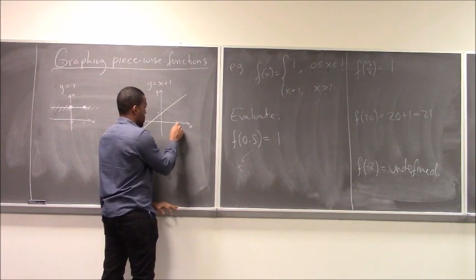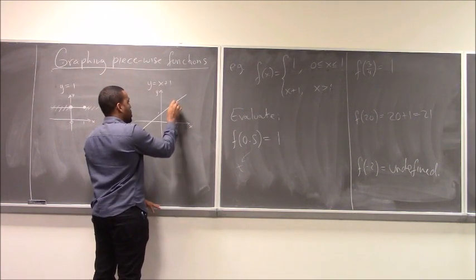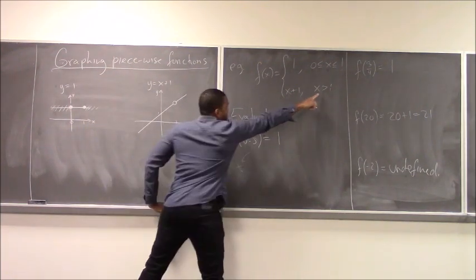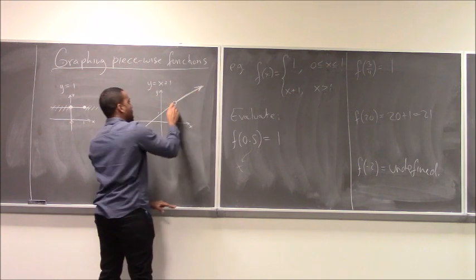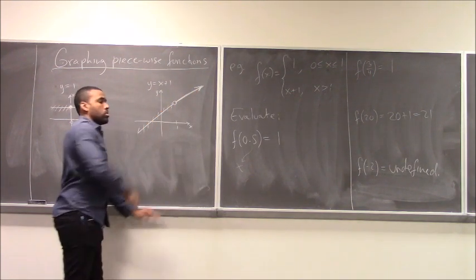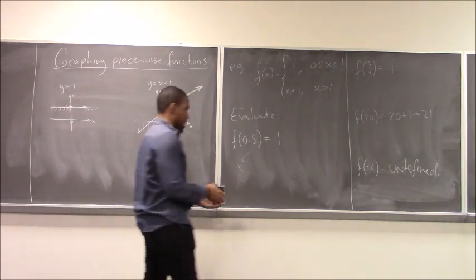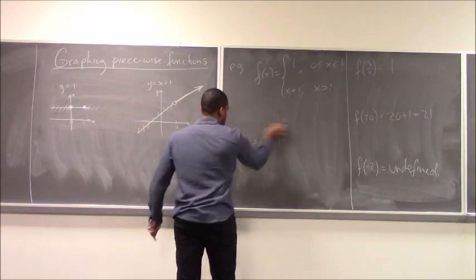I'm going to come over here, put that 1, go up to the function. Here, I have to open a circle, because I want to be bigger than 1. I only care about the right side of this function, and I ignore this part. So now when I want to graph this function, I graph both of these pictures, but I leave out the parts that I want to ignore.